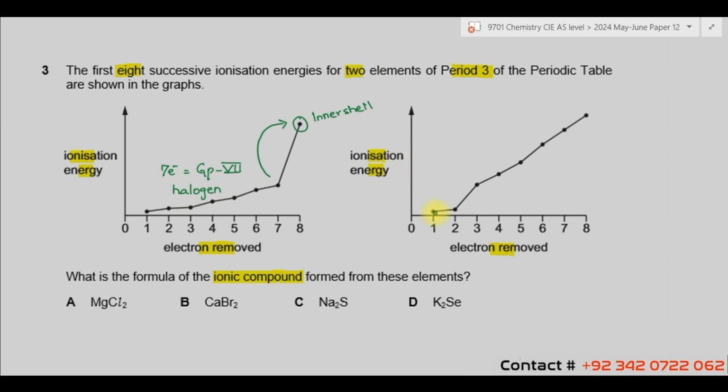In second diagram, we can see that there is a larger jump between second and third ionization energy, which means the third electron is from inner shell. So there are two electrons in outer shell, so group number 2.